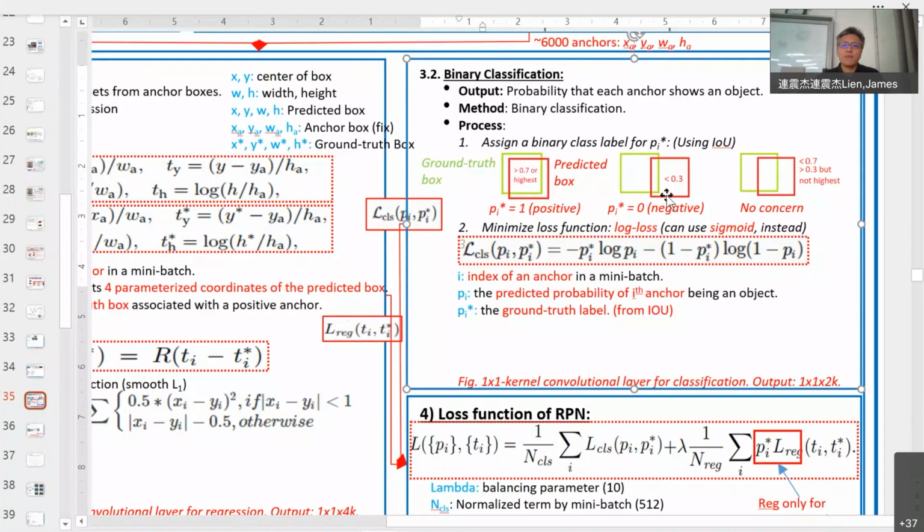okay. So for the bounding box, if your bounding box overlaps with your ground truth, the area IOU, intersection of union, we call IOU.